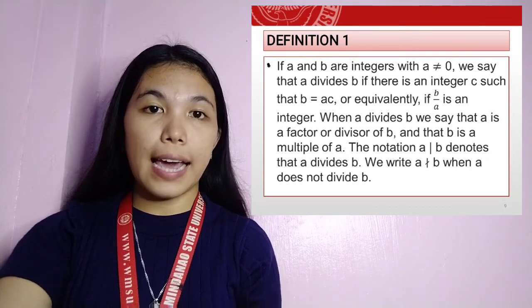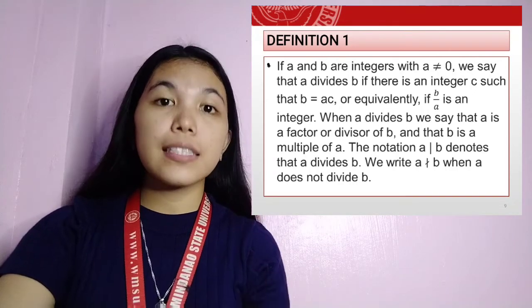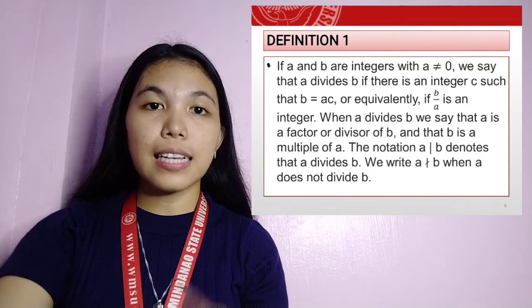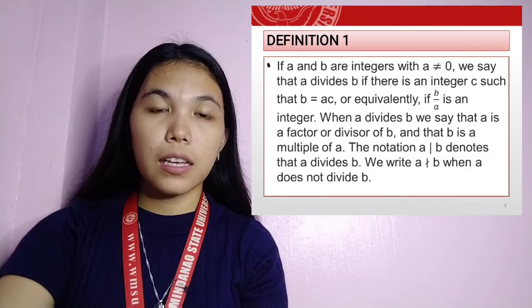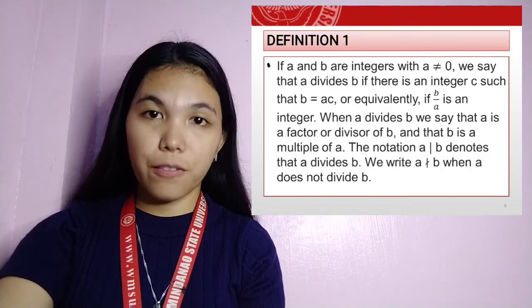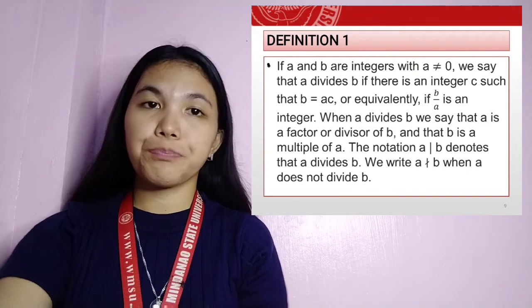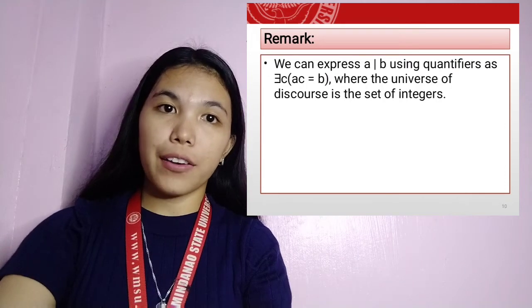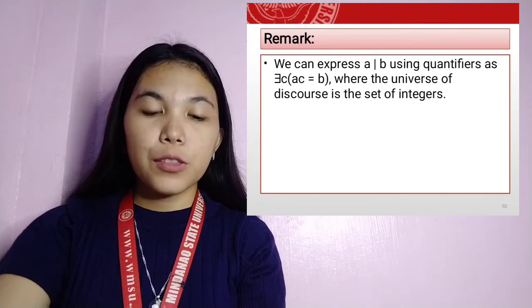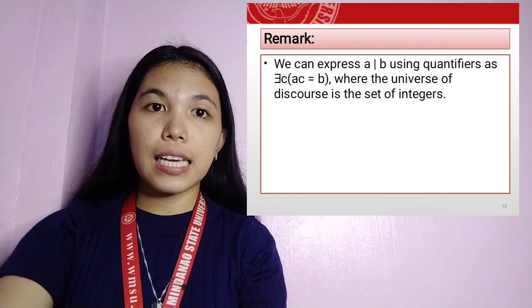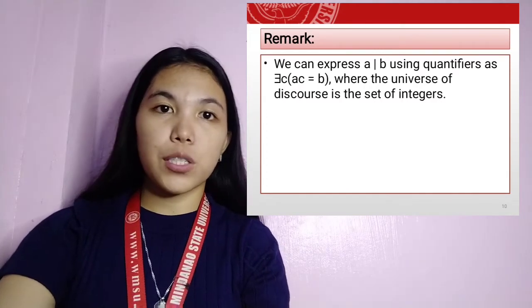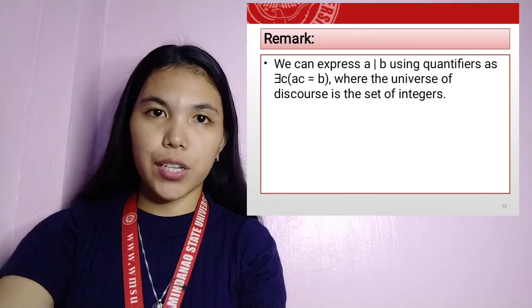The notation a | b denotes that a divides b. We write a ∤ b when a does not divide b. So, we can express a divides b using quantifiers as there exists some number c such that ac equals b, where the universe of discourse is the set of integers.